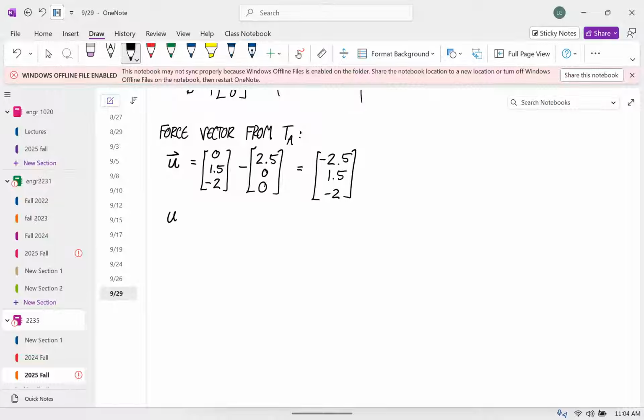On the Inspire or the 89, there is a function, and on anything else, it's pretty easy to write that function. The function on the Inspire or the 89 is called unitV.